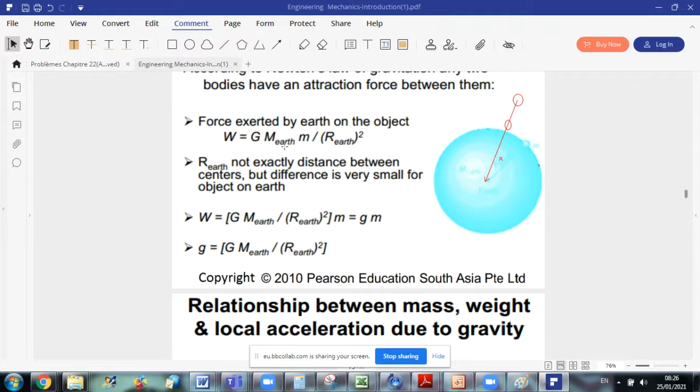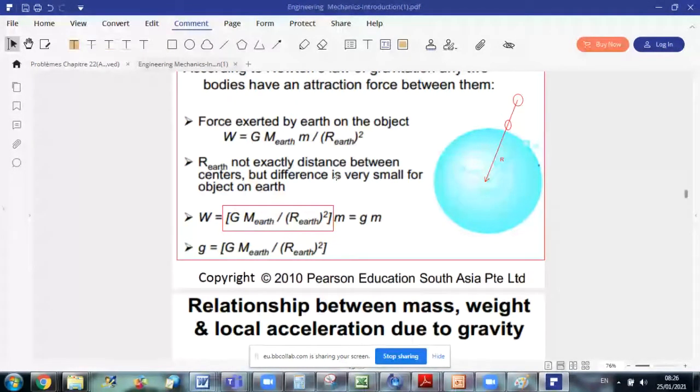And the weight will be given as G times mass of the Earth times m over the radius of the Earth squared. And as you can see, this term will give you the gravitational value of g. You are familiar with g equal to 10 or 9.81, which we use for calculation of weight, equal to m times g.